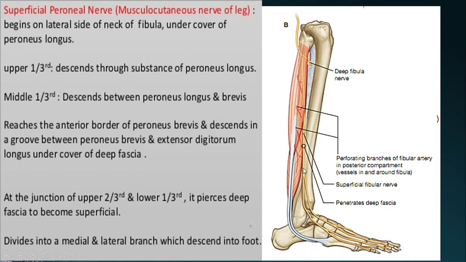This cutaneous nerve is going to divide into medial and lateral branches, and they are going to supply the skin of lower one third of anterior and lateral surface of leg, and it is also going to supply the dorsum of foot, except the territory of some nerves we are going to discuss in the next slide. And then the medial and lateral branches are going to give digital cutaneous branches.